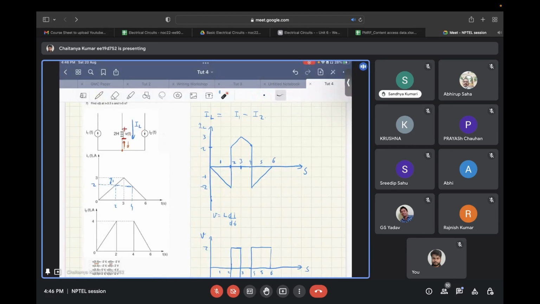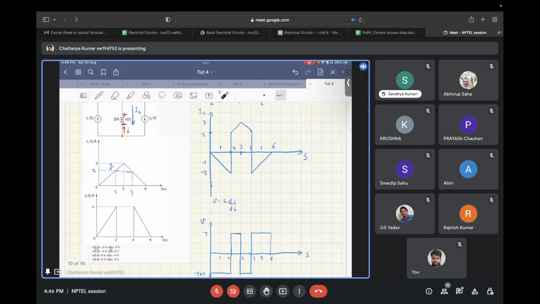So IL is basically equal to I1. If you apply KCL at this node, IL will be equal to I1 minus I2. The graphs of I1 and I2 are given to you.